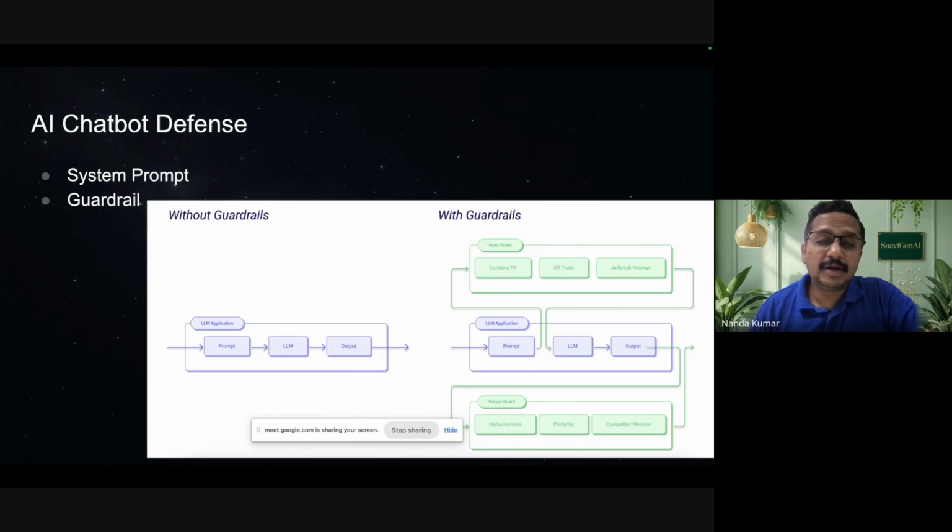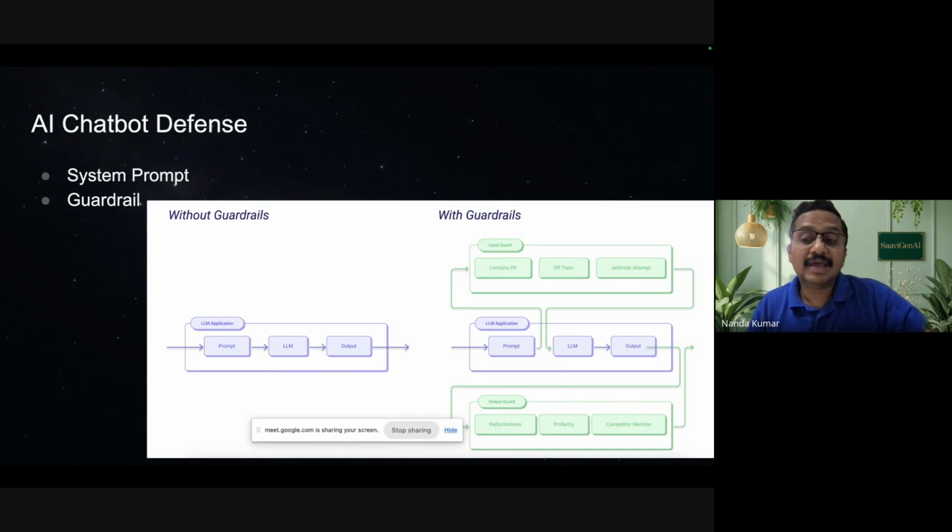As Pinaki said, in a traditional network you have a firewall to block unwanted packets. Similarly, in the AI world we have guardrails, which are equivalent to a firewall. They go into the user prompt and check whether the user is sending any PII data, offensive information, or jailbreak attempts.